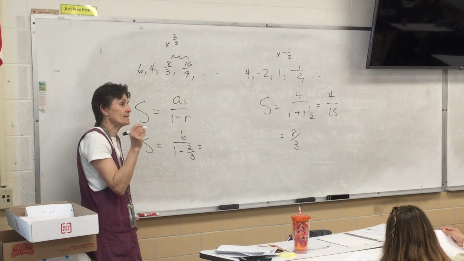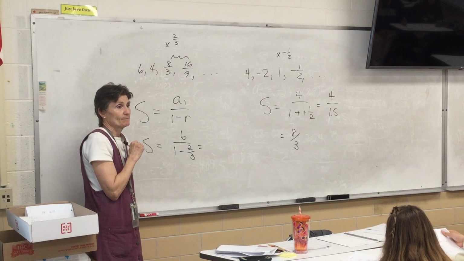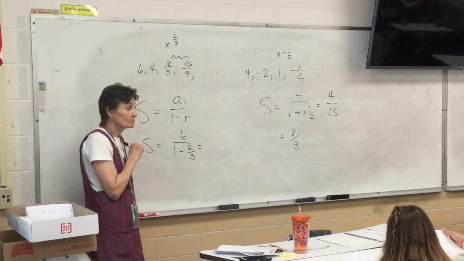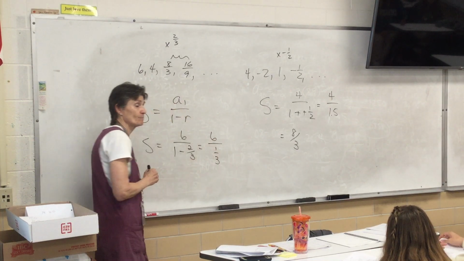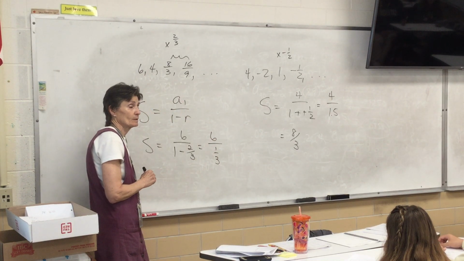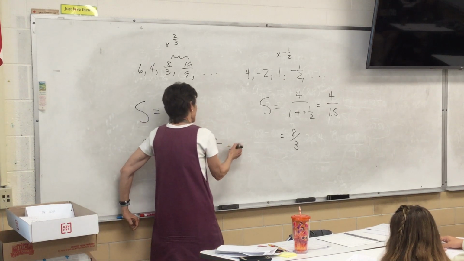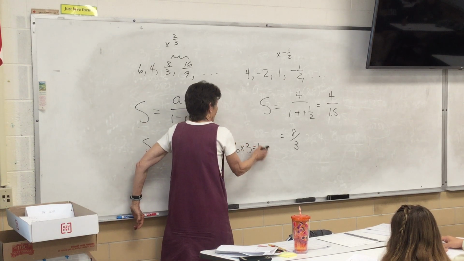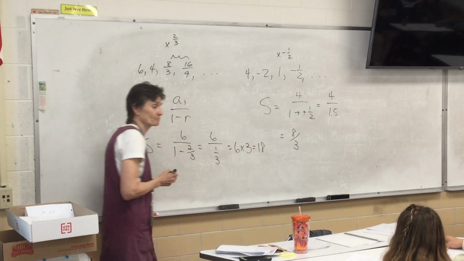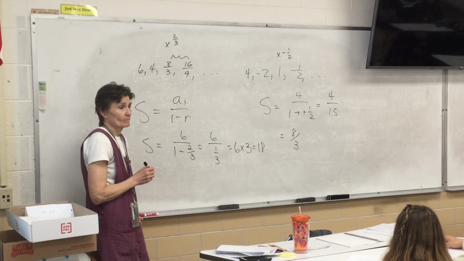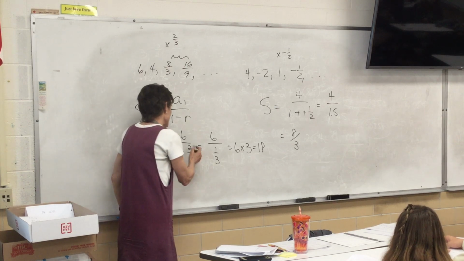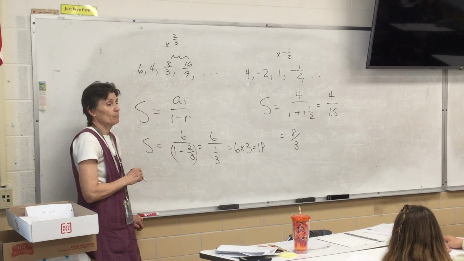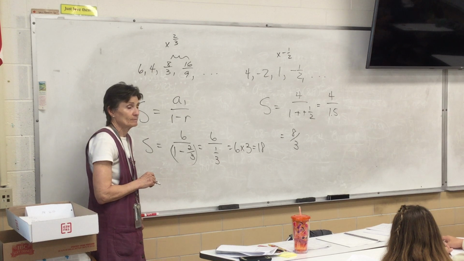What's 1 minus 2/3? 1/3? Yes. So this is 6 divided by 1/3, which is 6 times 3, or 18. Now, if you did that on your calculator, assuming you've got parentheses going, you would end up with exactly the same answer.